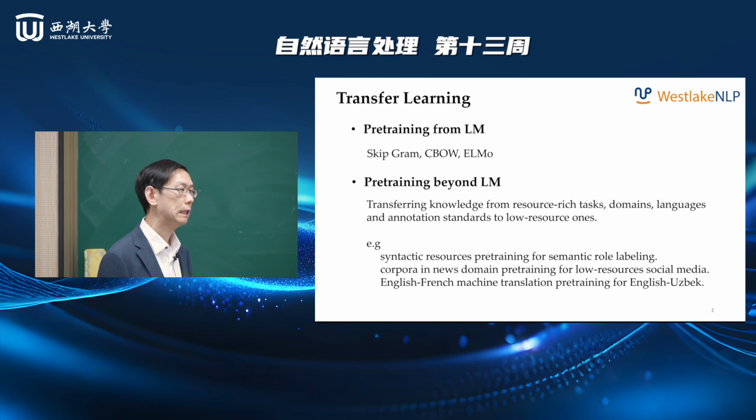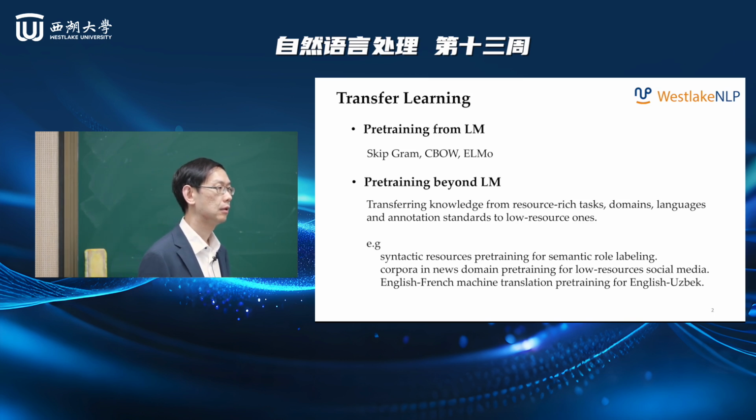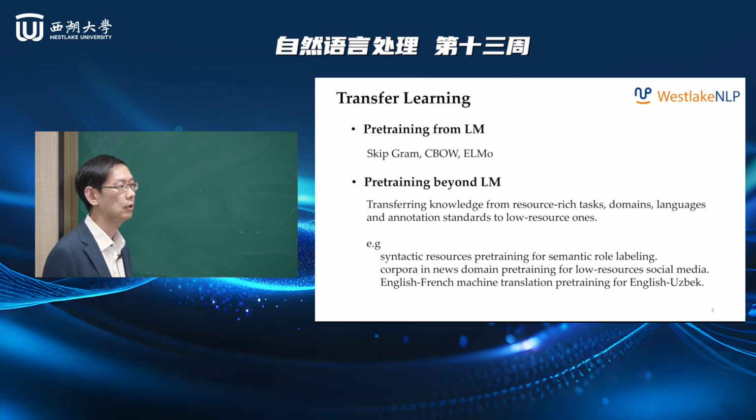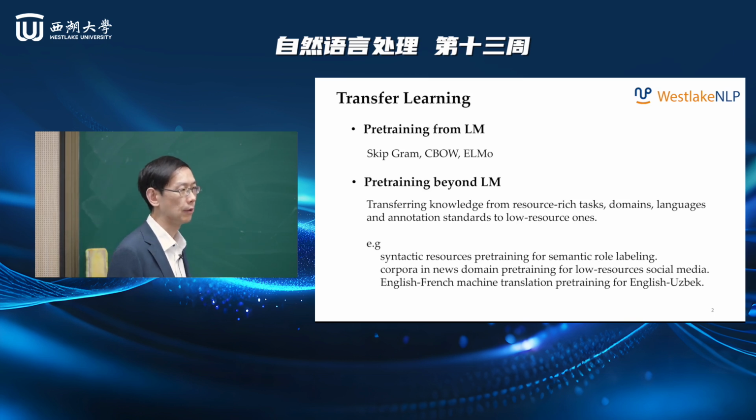And we can even transfer knowledge from English-French translation to English-Uzbek. For all this transfer, we don't have to do engineering at the feature definition level. We just rely on these neural parameters to do the knowledge transfer.